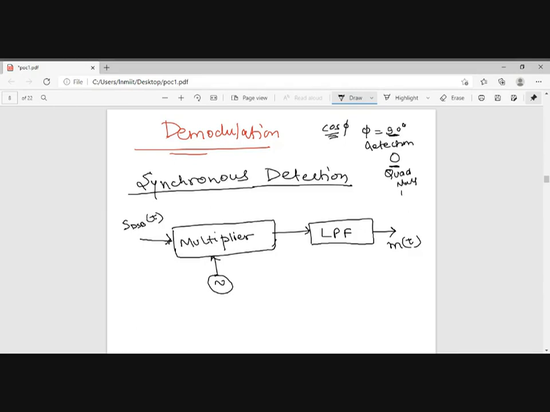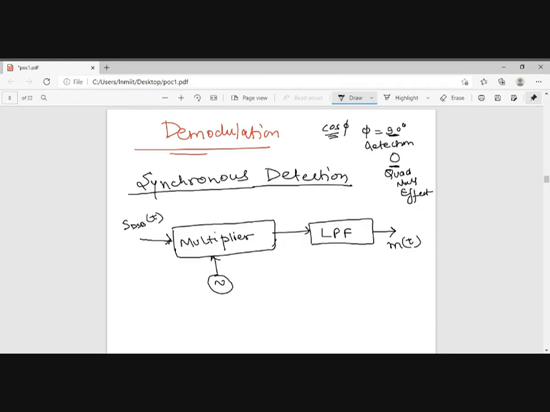We discussed that the local oscillators at the transmitting end and the receiving end should be matched. If they are completely matched, having the same frequency and the same phase, there is no problem. This is the best detection, synchronous detection, easiest and the best.